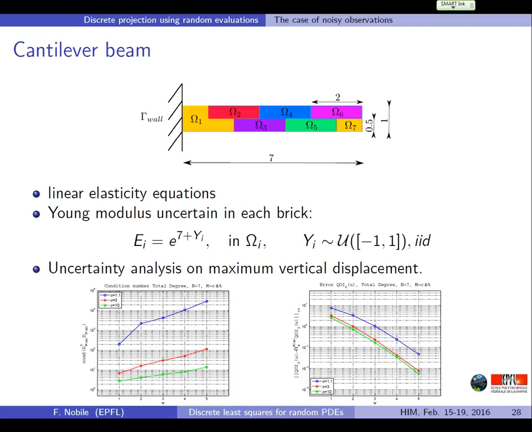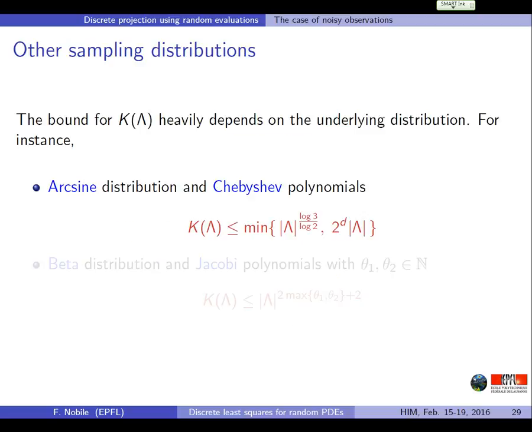Okay, well, this was another example where we played with a linear elasticity structure with 7 blocks with some variations in each block, and you have similar results. Okay, last comment on this part. Here, I assume a uniform random variable and an expansion on Legendre polynomials.